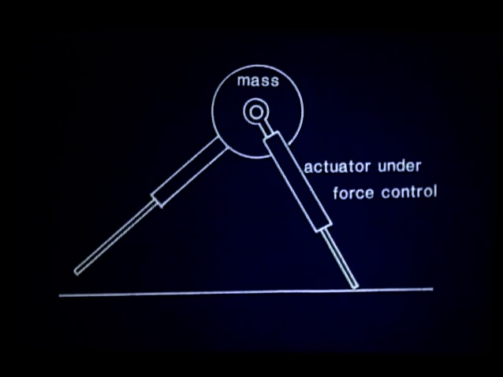And the actuators will have, under force control, we'll arrange mathematically for those actuators to exert the patterns of force that we want to happen. So let's look at this model.